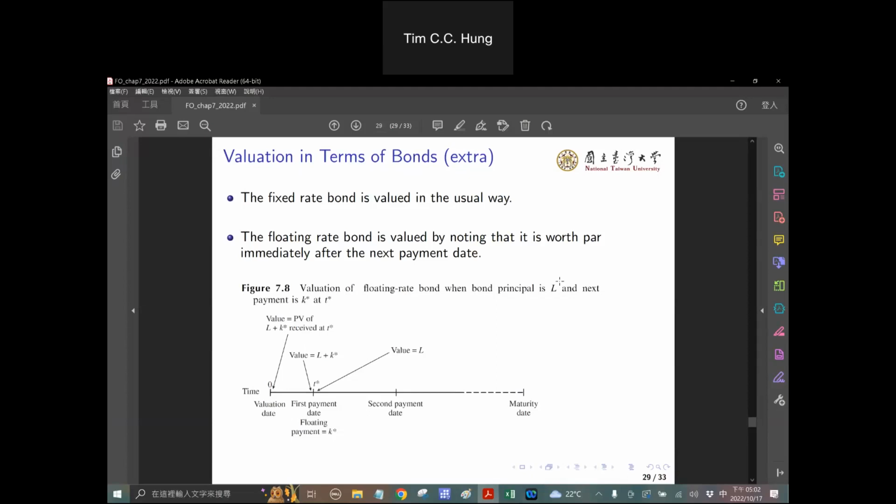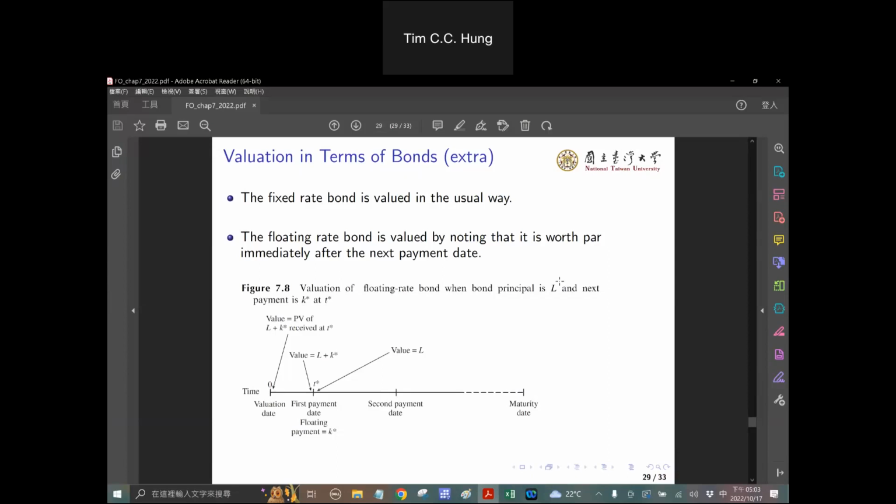The floating and fixed rate payments will be exchanged at t star. Imagine these floating payments and fixed payments are a bundle of the coupon payment of a floating bond and the coupon payment of a fixed rate bond. Then right after the coupon payment of this floating coupon, the floating bond will be worth the par.